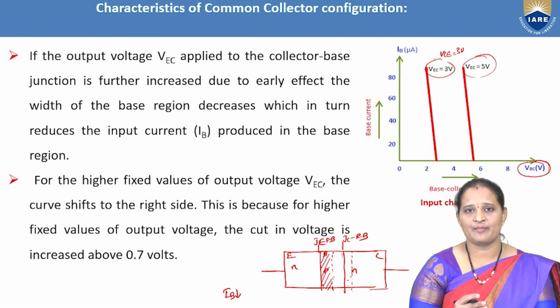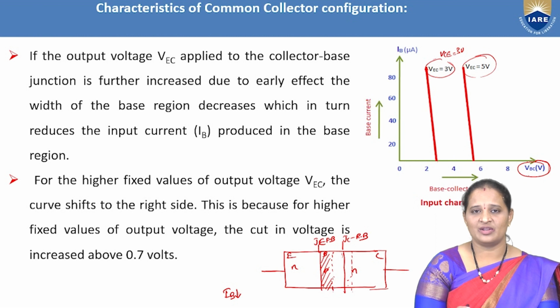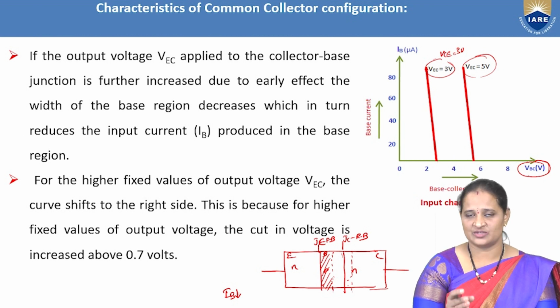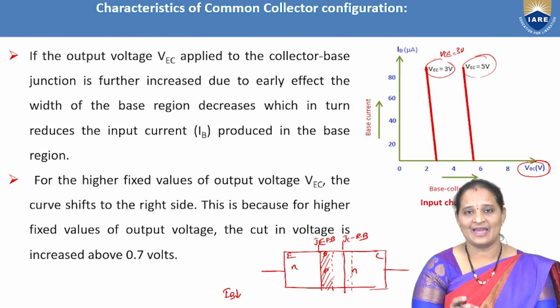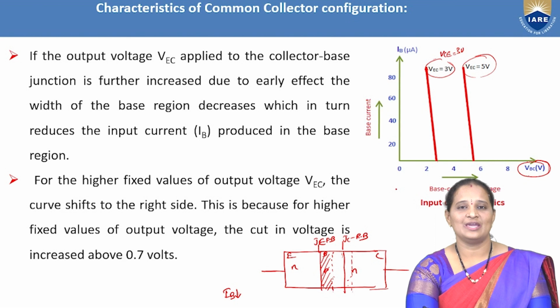Due to which, the more the collector junction is reverse biased, the width of the depletion region again increases, and hence the early effect, that is the base width modulation, arises, due to which the effective width of the base region will be reduced, which in turn increases the emitter current, and hence the input voltage will also be increased.